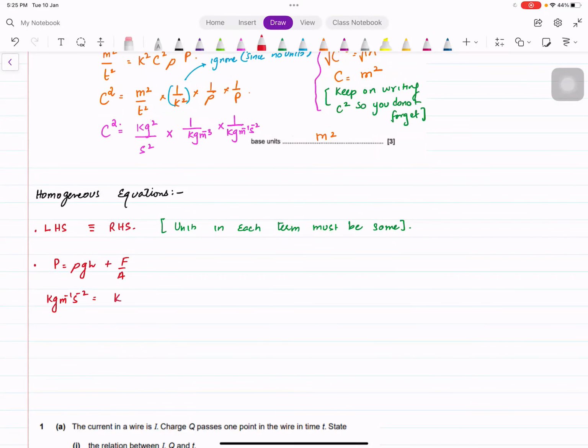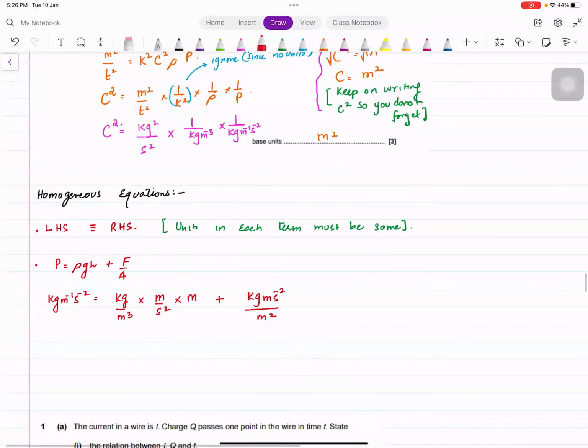Density is kg over meter cube times g, which is meters per second squared as acceleration, times h, which is meters, plus force over area, right? So force is kg meters second^-2 and area is meter square.